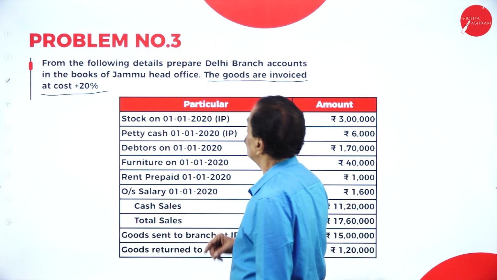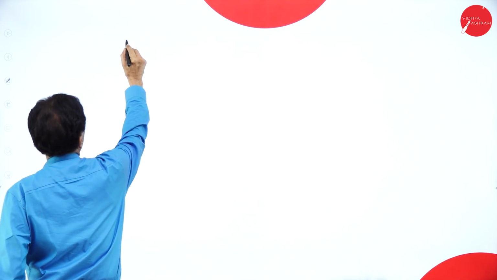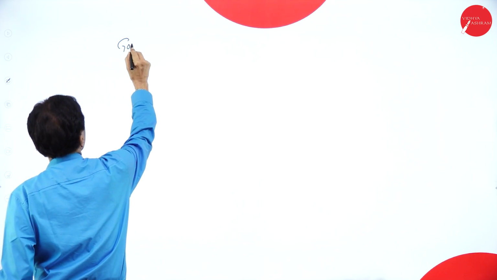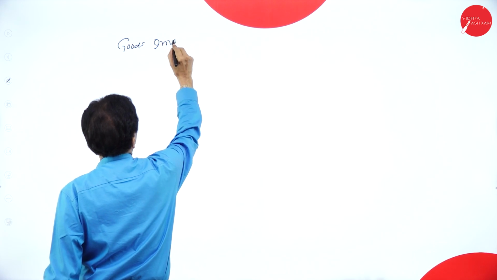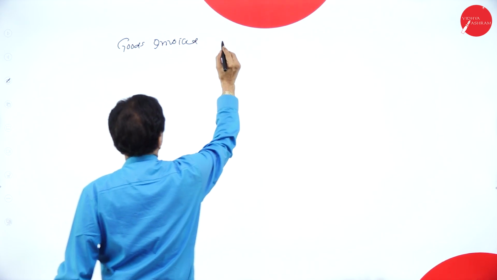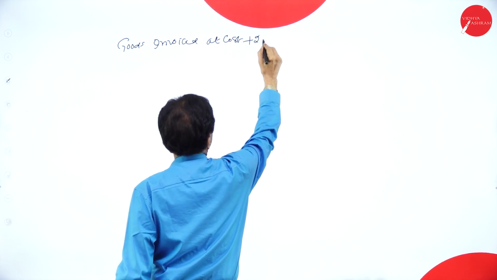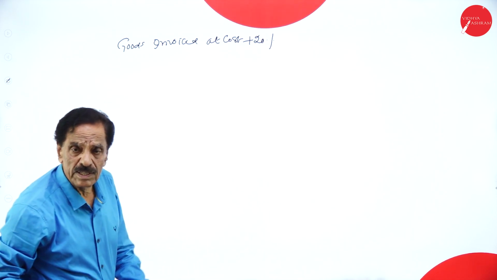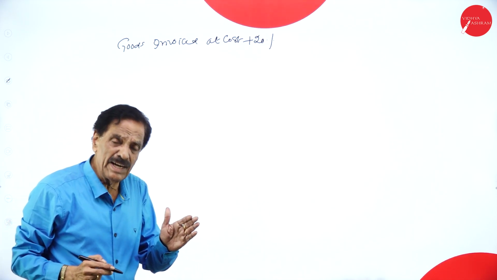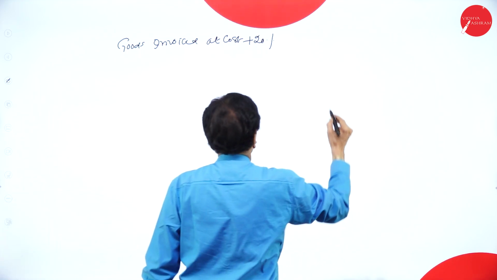The goods are invoiced at cost plus 20%. Here we mean to say that if the cost is 100, profit is 20, then 120 is called the invoice price.